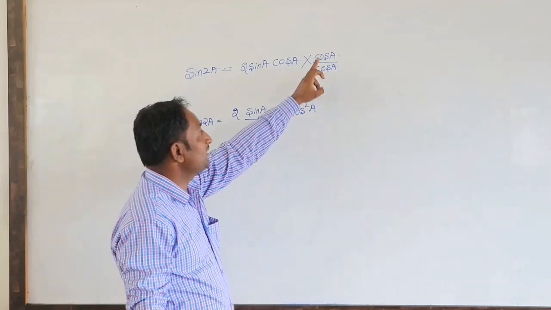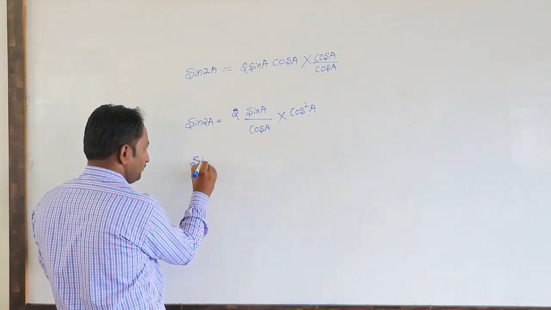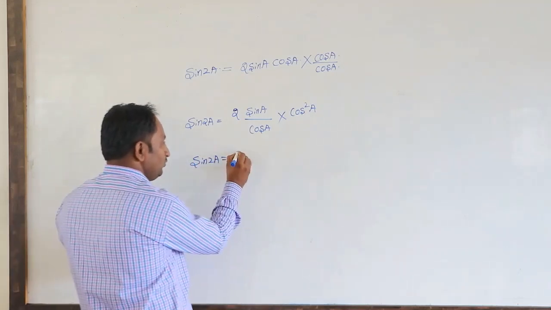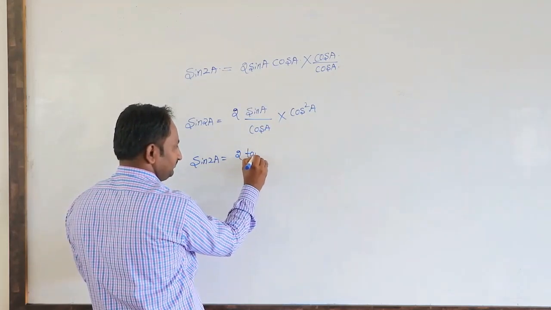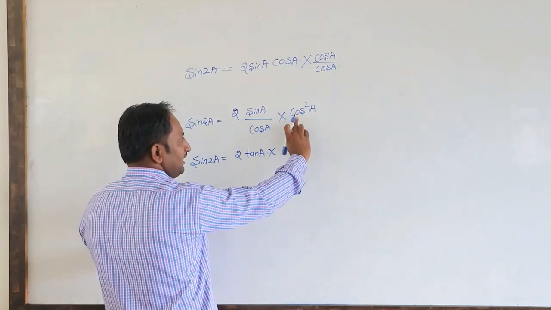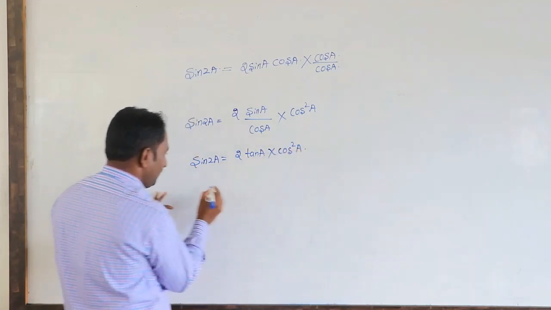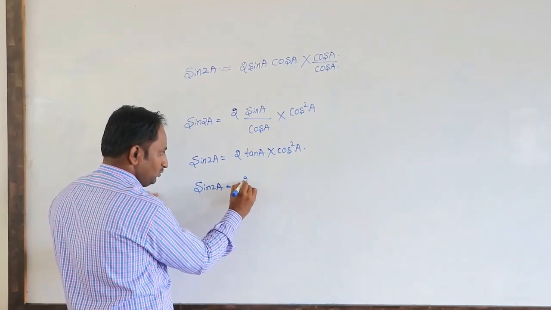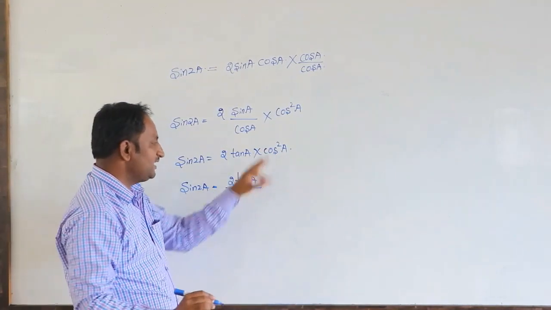That's why we multiply cos a divided by cos a. Here sin of 2a is equal to 2 sin a divided by cos a, which is tan a, into cos square a. Therefore sin of 2a is equal to 2 tan a into cos square a.